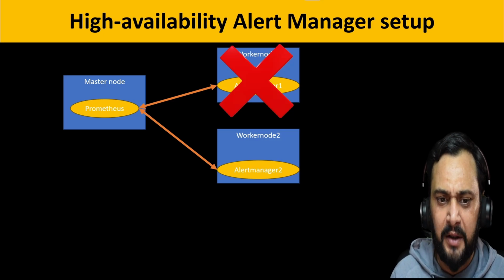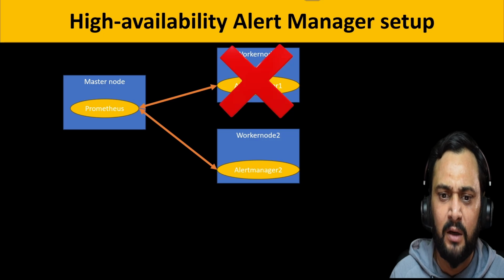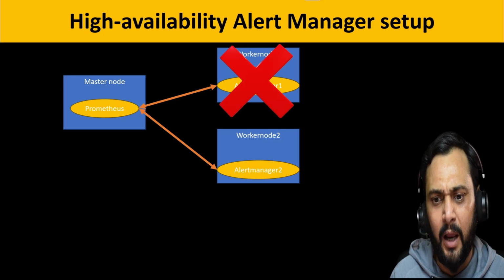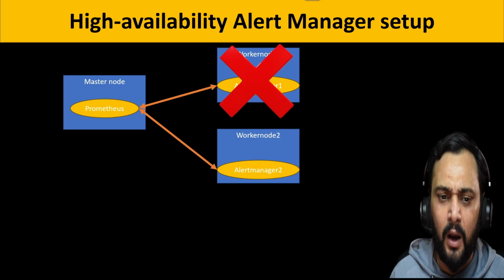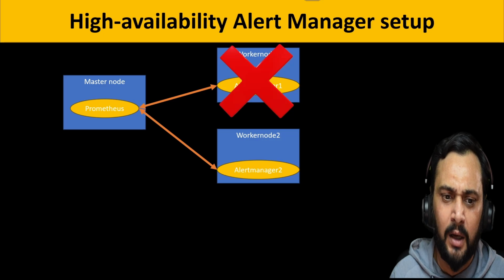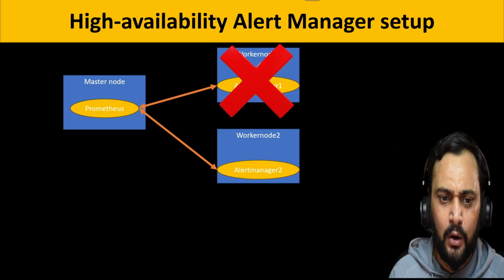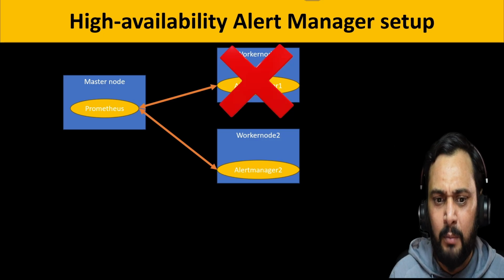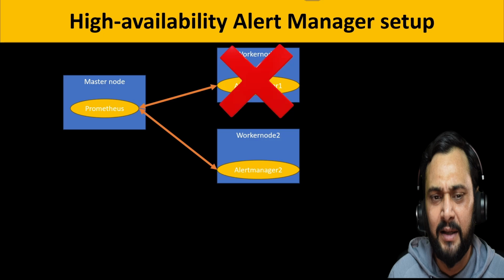This Alert Manager cluster will have multiple services that work together and communicate with one another to deduplicate the groups and alerts. So even though we have multiple Alert Manager instances, we are not going to get multiple alerts for each individual instance.